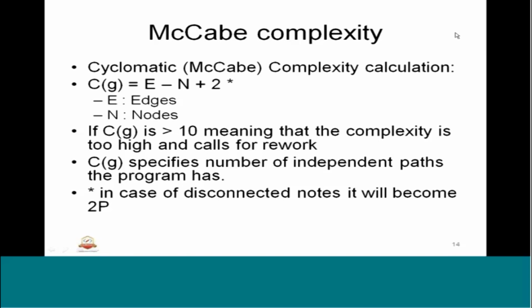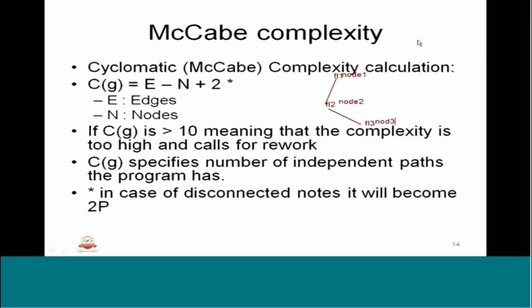We have a program going this way, and we have a flow 1, then a flow 2, then we lead into flow 3. Here we have 3 nodes. This can be called node 1, node 2, and node 3.